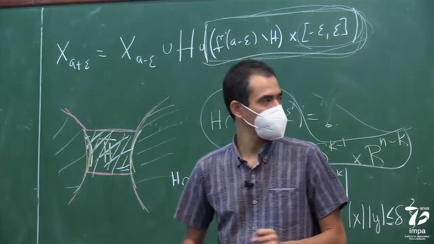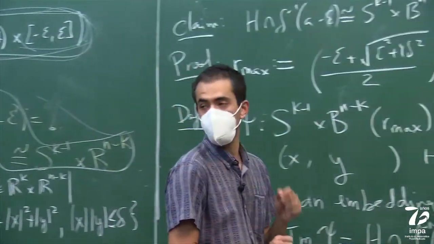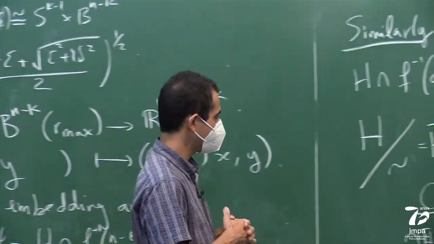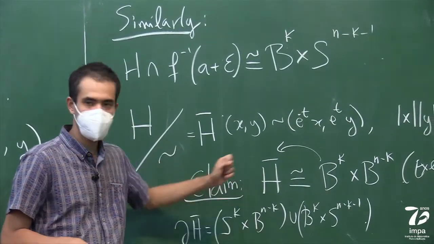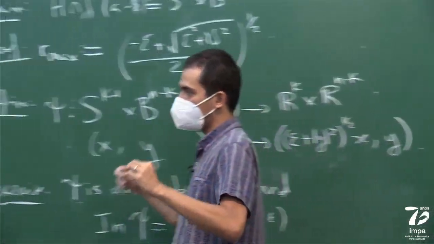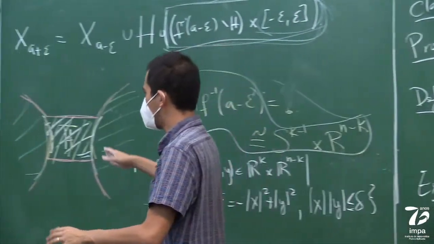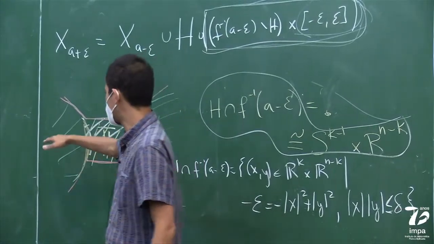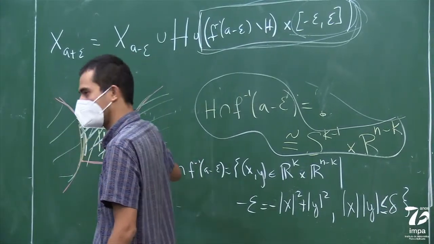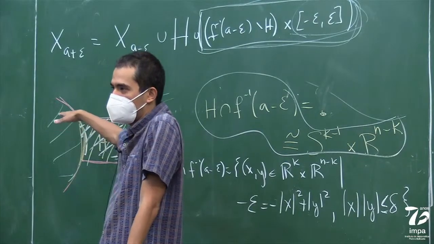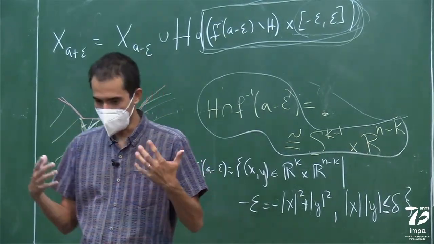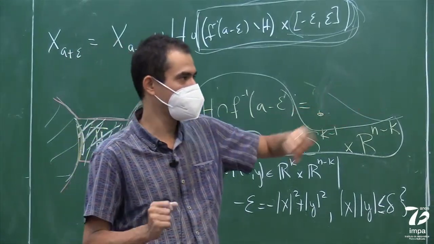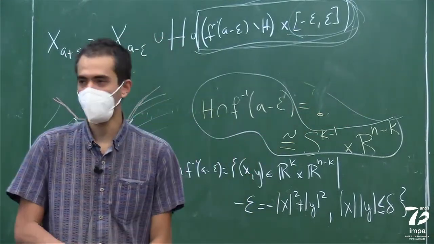For now, you have a problem set this week, but I would also like you to try to prove this claim. Try to understand why, after you collapse, you have an obvious identification with the product of two disks. You can see in this picture, in dimension 2, an interval times an interval, but I would like you to do something similar to find the natural identification there.